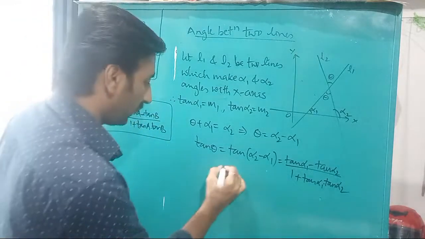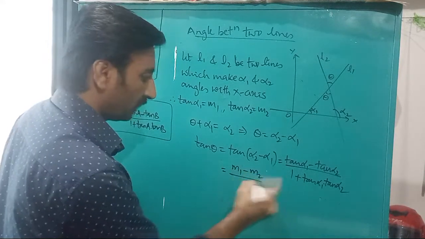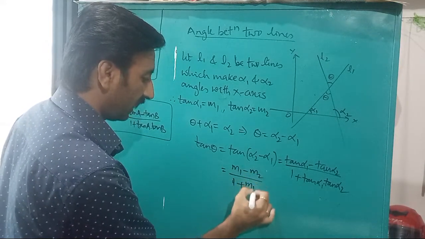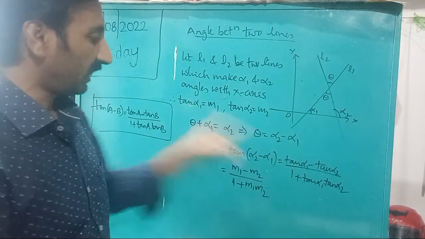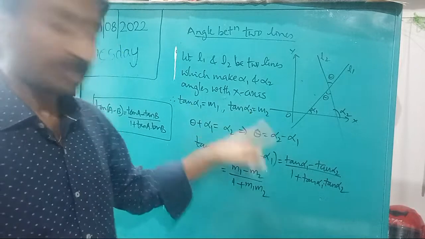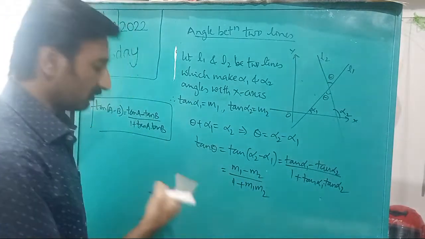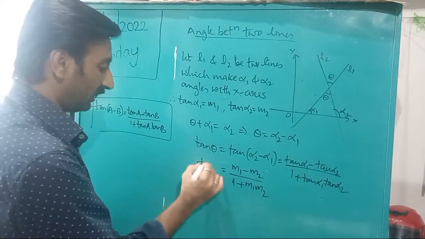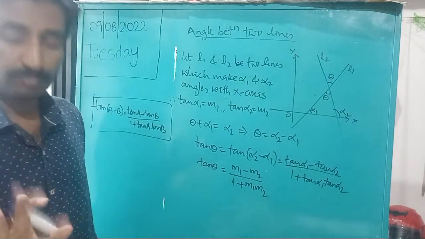And now look at this, it is m1 minus m2 divided by 1 plus m1 into m2. We know the value of tan alpha 1, and also of tan alpha 2, and this is 1 plus m1 m2. What we were searching for, tan theta, equals m1 minus m2 by 1 plus m1 m2, right?